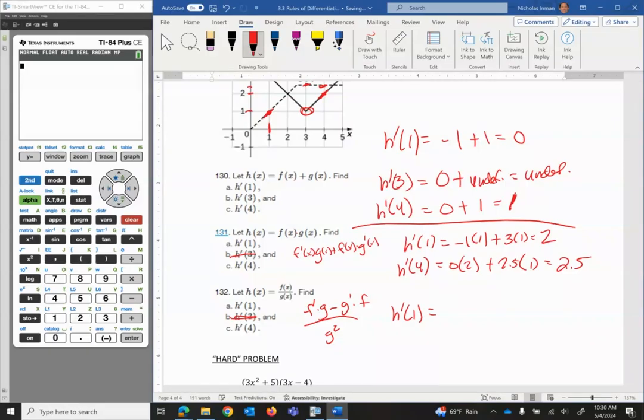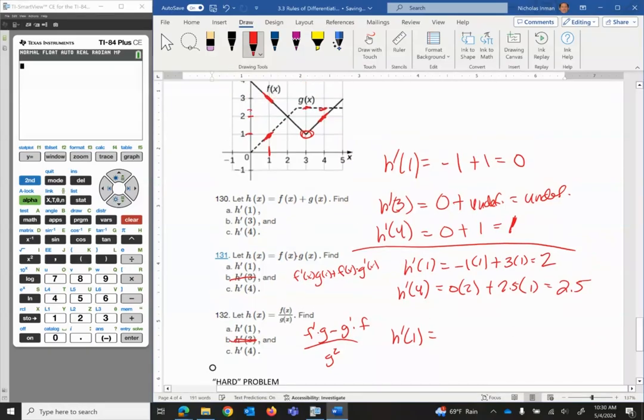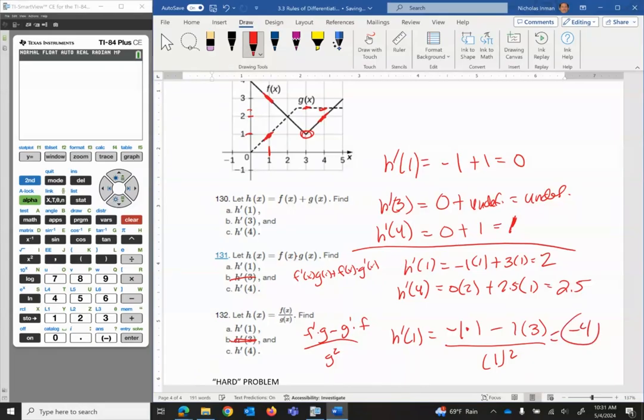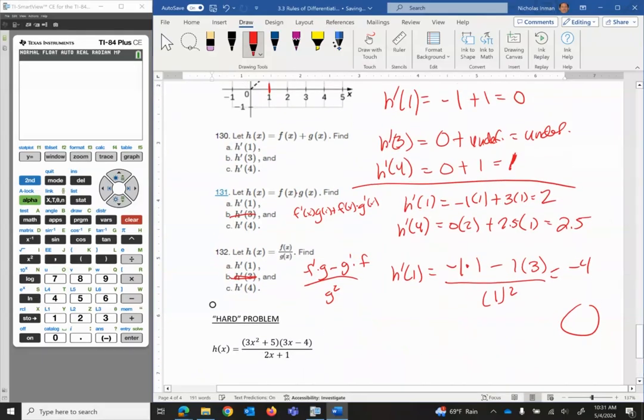Our f prime at 1 was negative 1 times our g at 1, which was 1, minus our g prime at 1, which was 1, times our f at 1, that's 3, over g at 1 squared. So we have negative 1 minus 3. That's negative 4 over 1. That's negative 4.